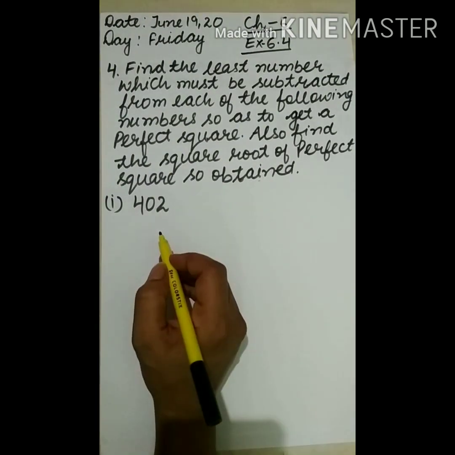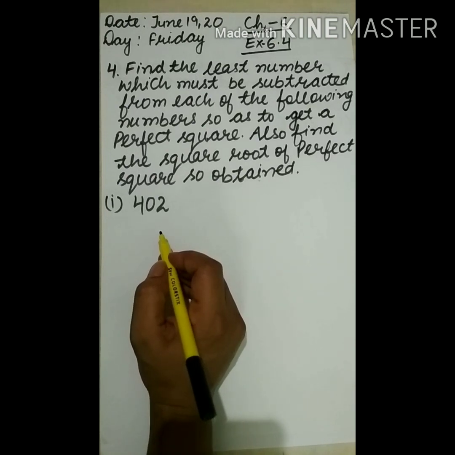Students, in the previous exercise we have done questions of the same type, but in those questions we were to find the number which should be multiplied or divided. Whenever we are to find the number to be multiplied or divided so that the given number may be a perfect square, we always use the prime factorization method.